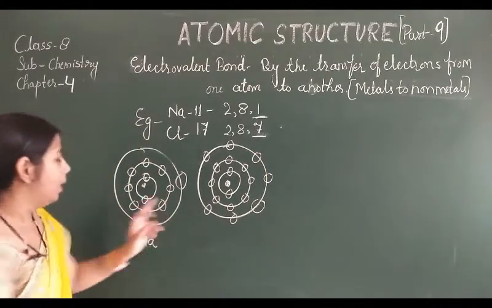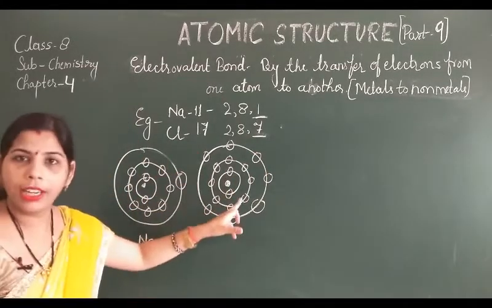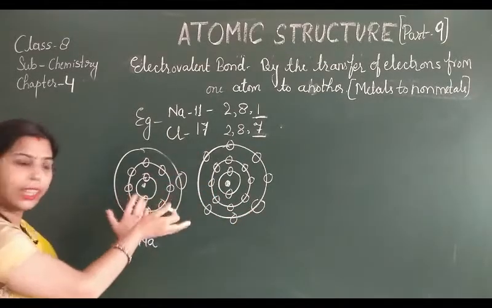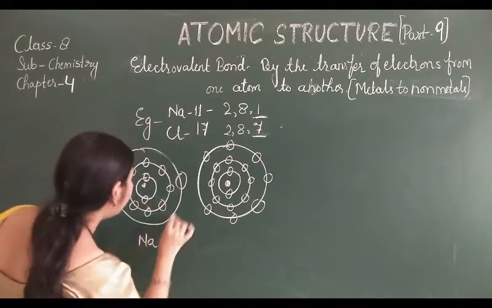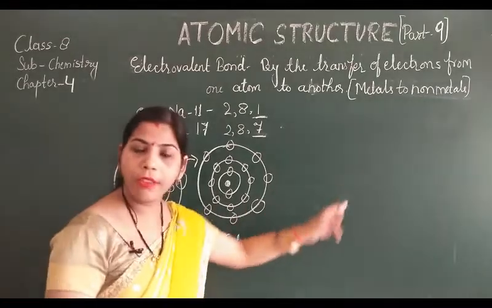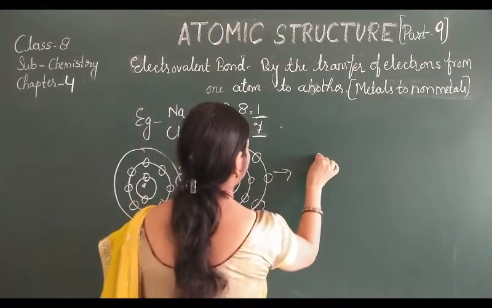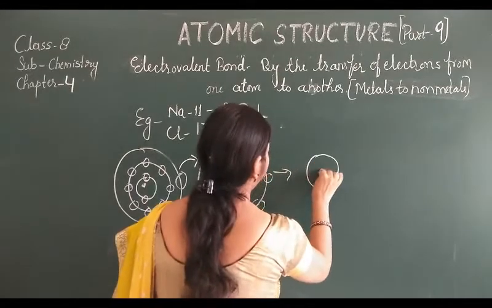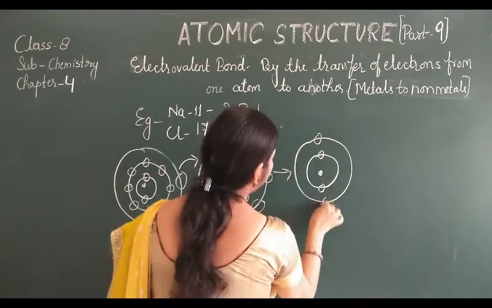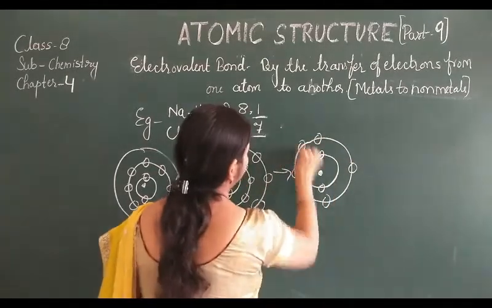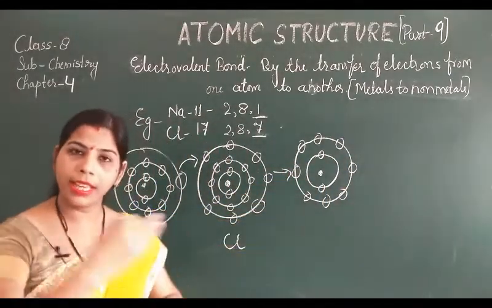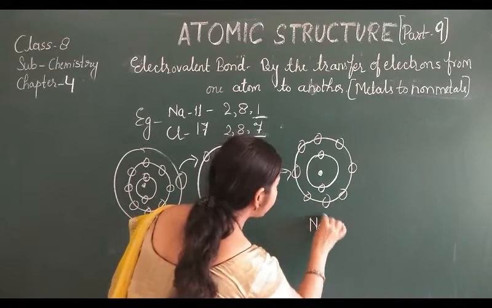Now if sodium gives 1 electron to chlorine, the outer shell of chlorine will have 8 electrons. That's why sodium gives this electron to the chlorine atom. Sodium now has first shell 2 electrons and second shell 8 electrons, so it is stable, and since it gave the electron, it becomes positively charged, Na plus.